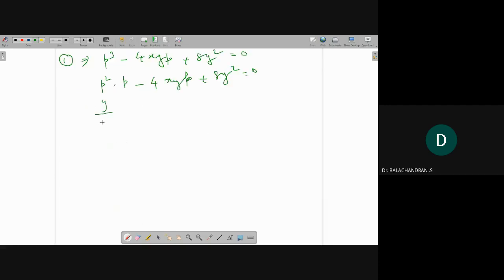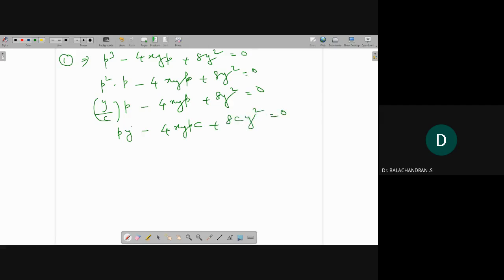So y by c into p, now minus 4xyp plus 8y square equal to 0. Throughout multiply by c, so py minus 4xypc plus 8cy square equal to 0.